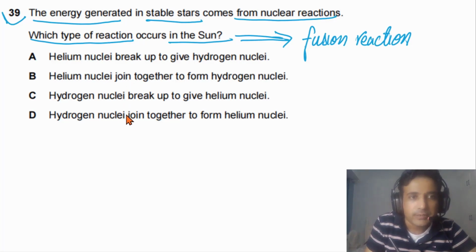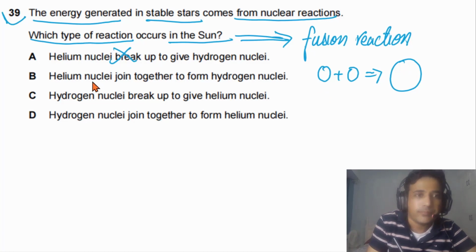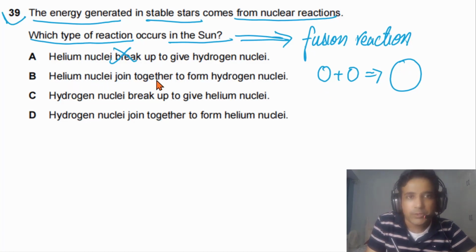So if you look at given answers, helium nuclei break up, no. Fusion means that smaller nuclei, they combine together to form a heavier nucleus. So in this case, hydrogen combined, they form helium. Helium nuclei join together to form helium, so this is wrong.